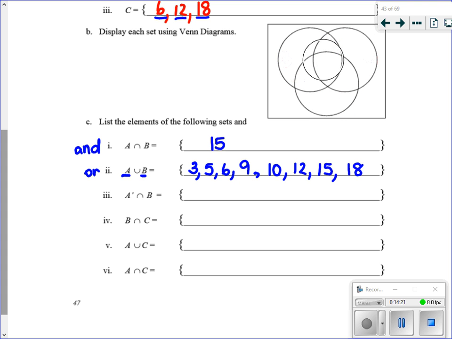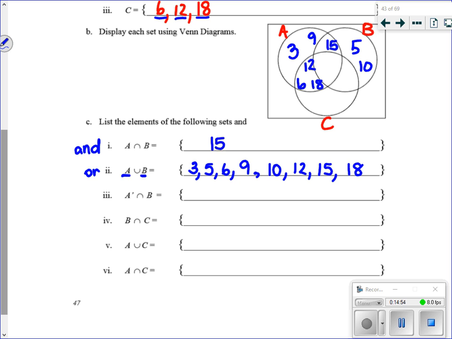I'm going to just relabel my diagram again, really quickly. Okay. Now we're looking for the elements that are in A prime intersect B. A prime.